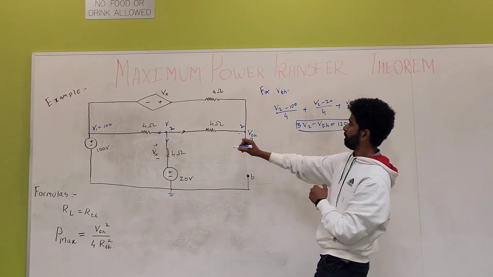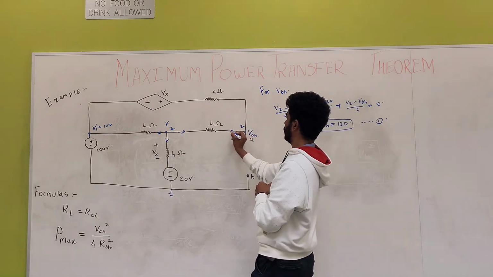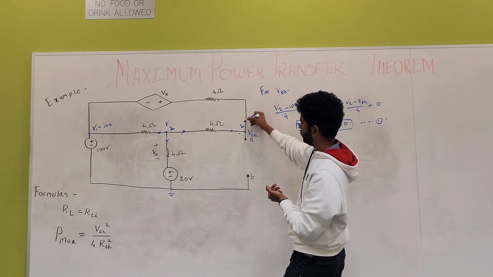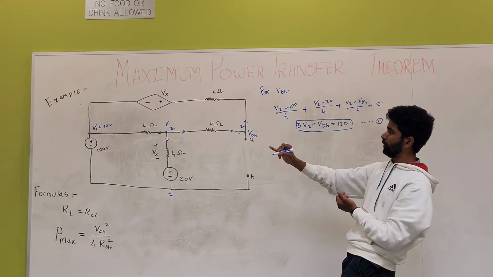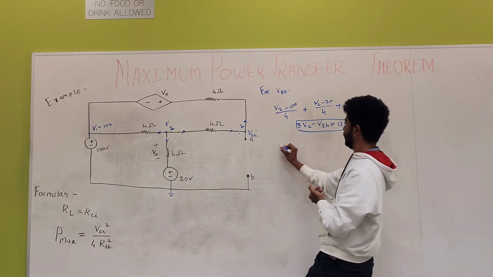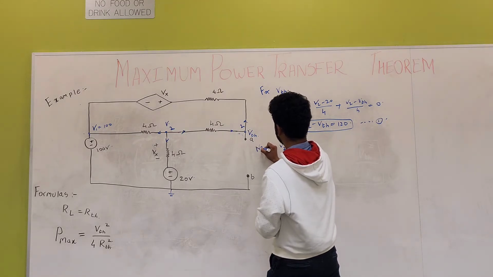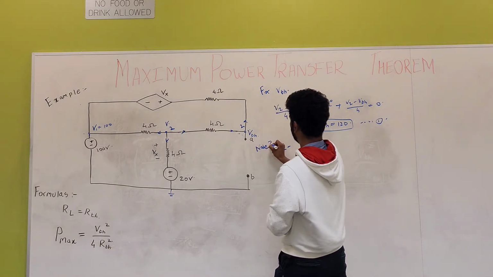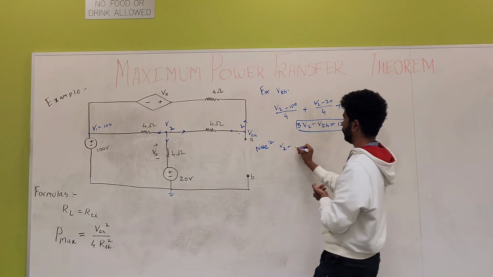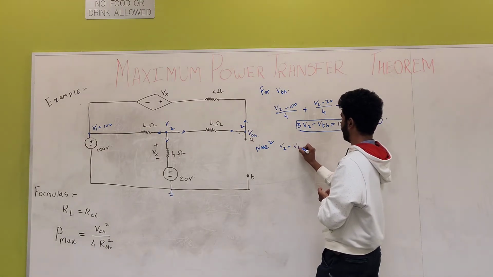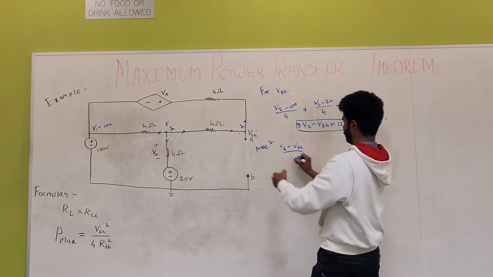Let's assume going on this side, so it would be V2 minus VTH upon 4, at node 2. This one was node 1.